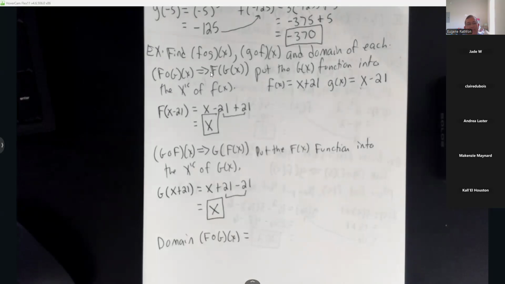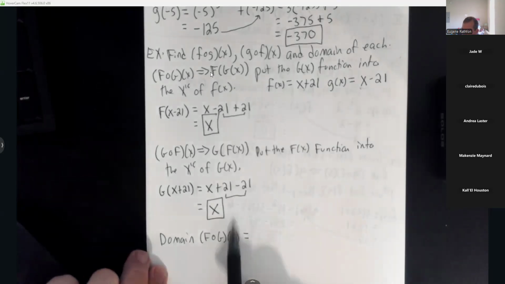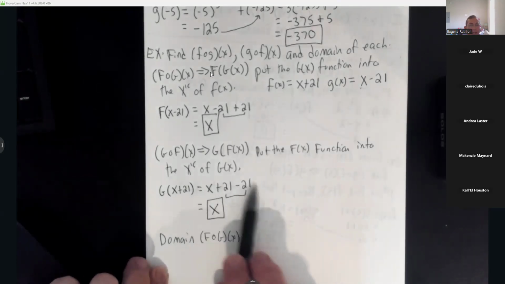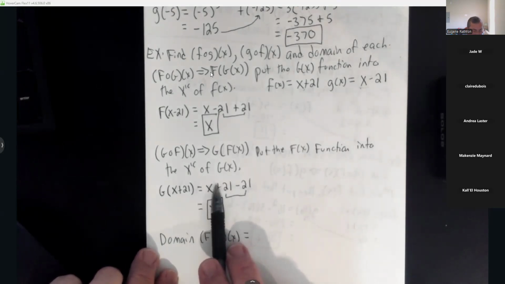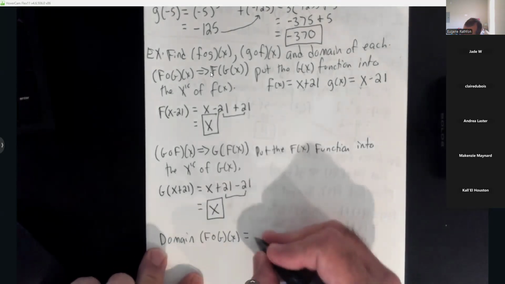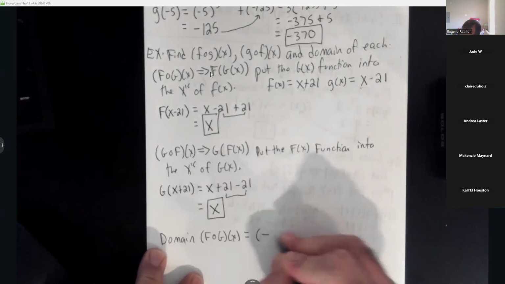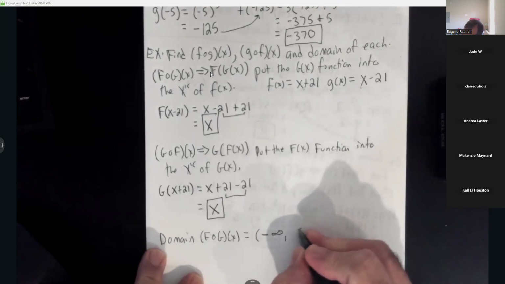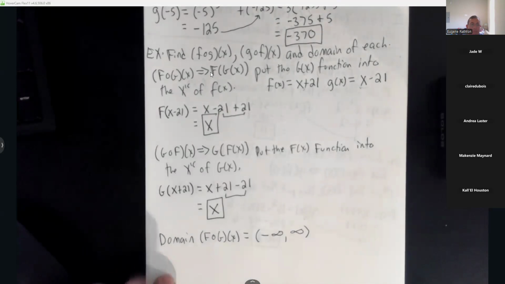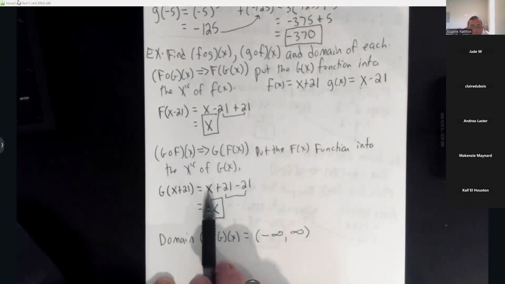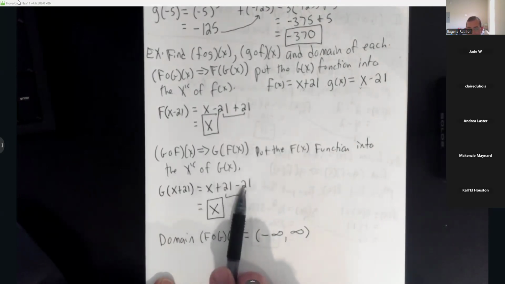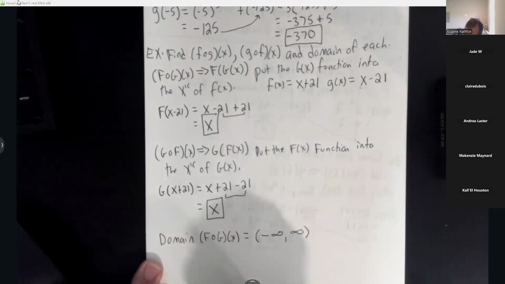Do we see any fractions? And y'all, I don't see any fractions that would make that undefined. So since there's no fractions here, this will work for negative infinity all the way to positive infinity. No restrictions on this problem. No matter what number you give me for x, I can add 21 and subtract 21 and be done.